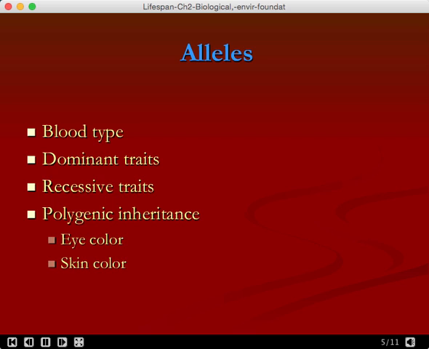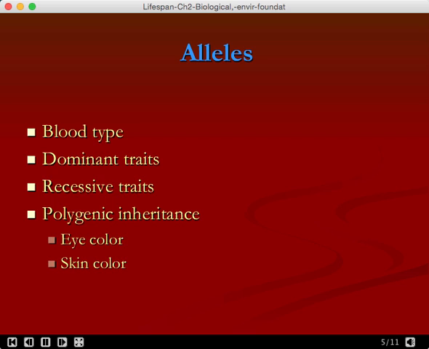Other physical characteristics following a dominant pattern are curly hair, dark hair, dimples in the chin or face, far-sightedness, Rh-positive blood, double-jointedness, type A blood, type B blood.